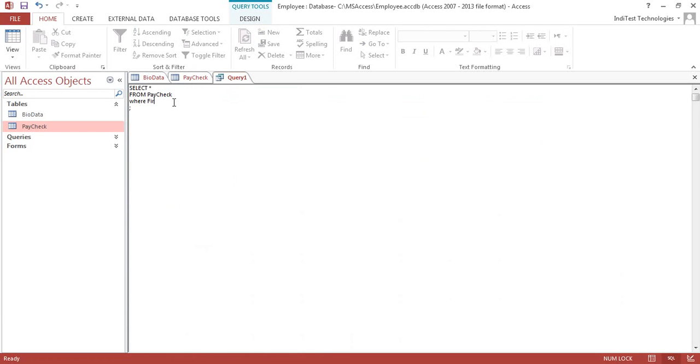So if I first try to write this using the OR clause, where first name equals David, or first name equals Ravi, this would essentially bring up all the variables from the table paycheck where the first name matched that of David or the first name matched that of Ravi.